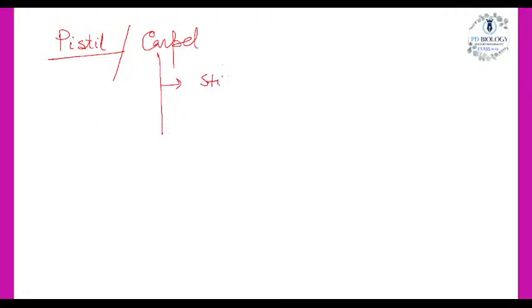The first part is called the stigma. The second part is the style, and the third part is the ovary. The stigma is the surface that receives the pollen grains. Style is the elongated tube that connects the ovary to the stigma, and the ovary is the enlarged basal part that bears one or more ovules that attach to the cushion-like placenta.